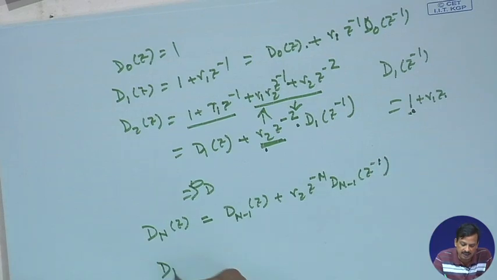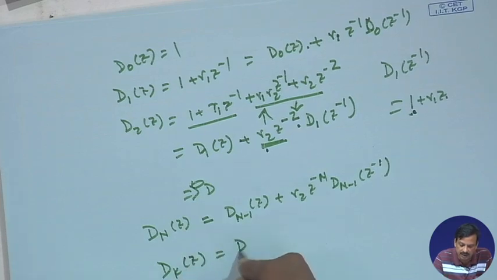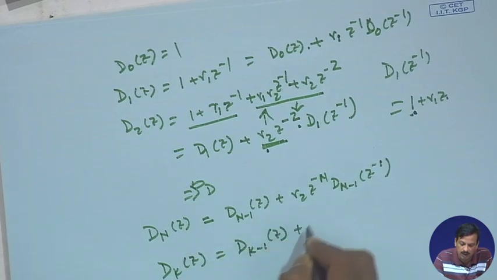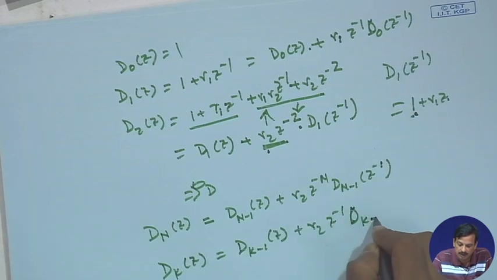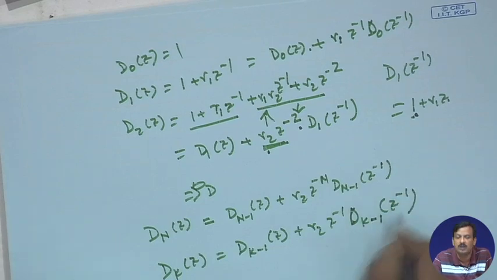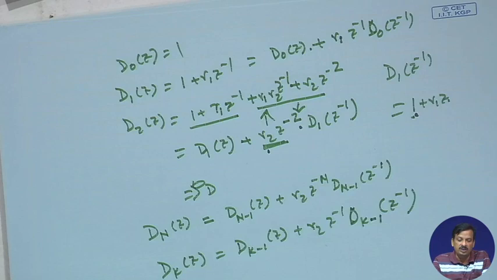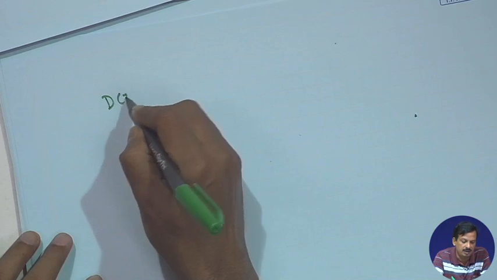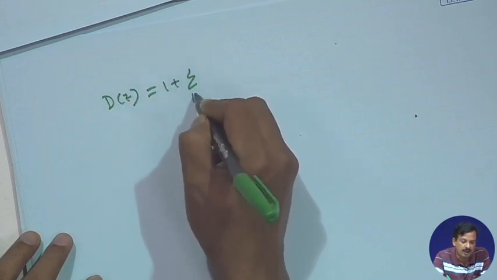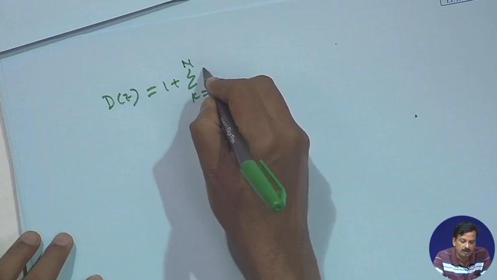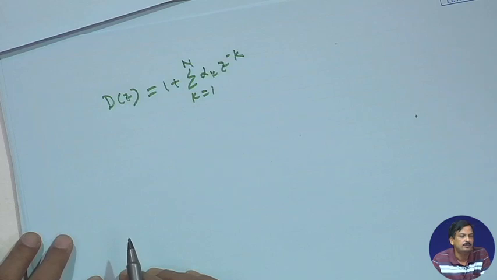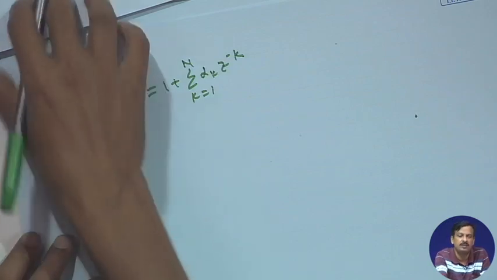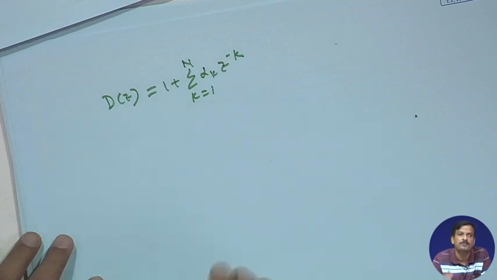Or I can say d_k(z) is d_{k-1}(z) plus r_k z to the power minus k d_{k-1} of z to the power minus 1, which is the same as the equation D(z) equal to 1 plus the summation k equal to 1 to n of alpha_k z to the power minus k. It can be written this way.